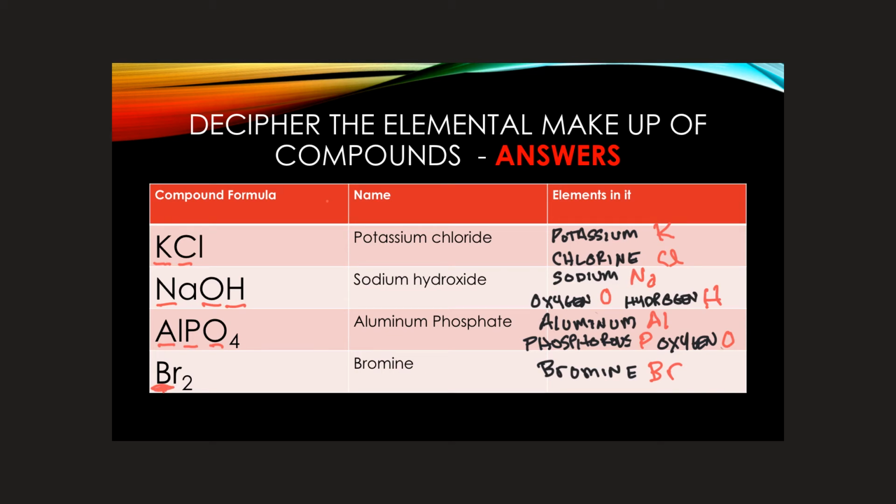So here we have 2, 3, 3, 2, 1. And then you just have to look up each one. So remember, real quick here, the K by itself, the Cl goes together. The Na goes together, the O goes by itself, the H, etc., etc. Right? The Br by itself, the Al by itself, and then the P and the O go by themselves. So if you got this, you did really well for the first shot, and now we're going to expand on this a little bit.